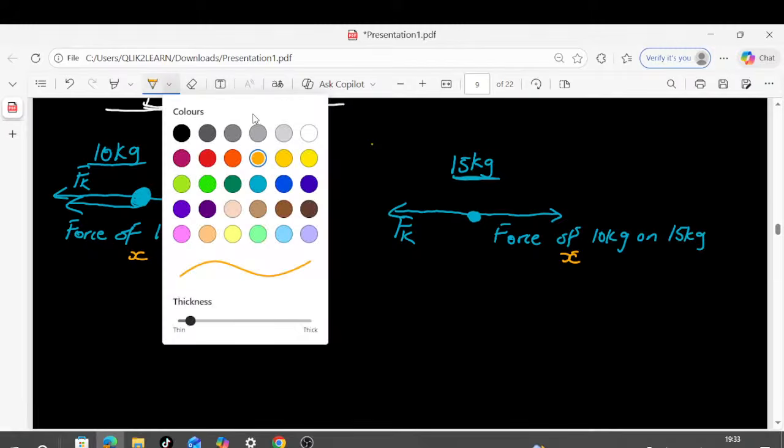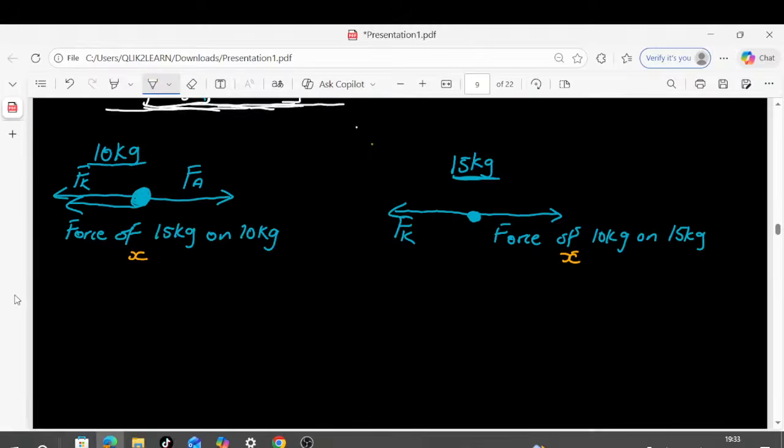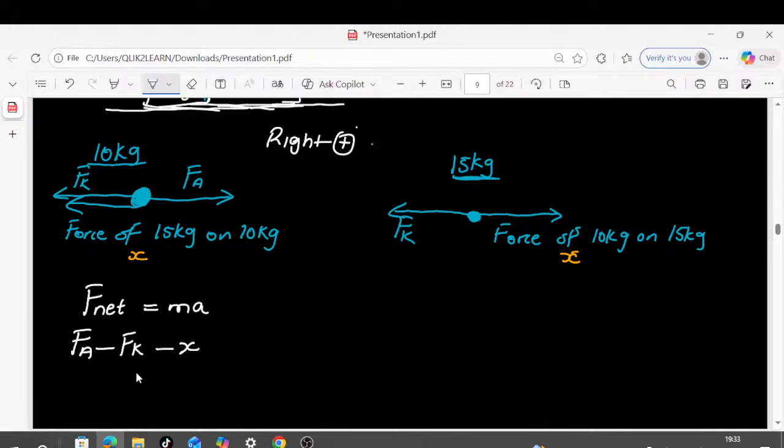Now we can start using Newton's second law. First things first, we choose a direction. I'm going to take right as positive. So if we take right as positive, this will be F net equals ma. Now, all the forces that are going to the right will be positive. I'm going to take my F applied, I need to minus my kinetic friction, and I need to minus what? x.